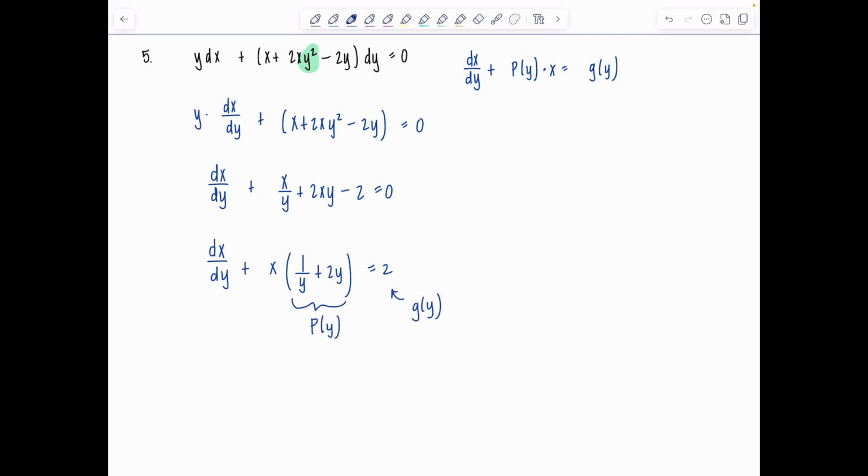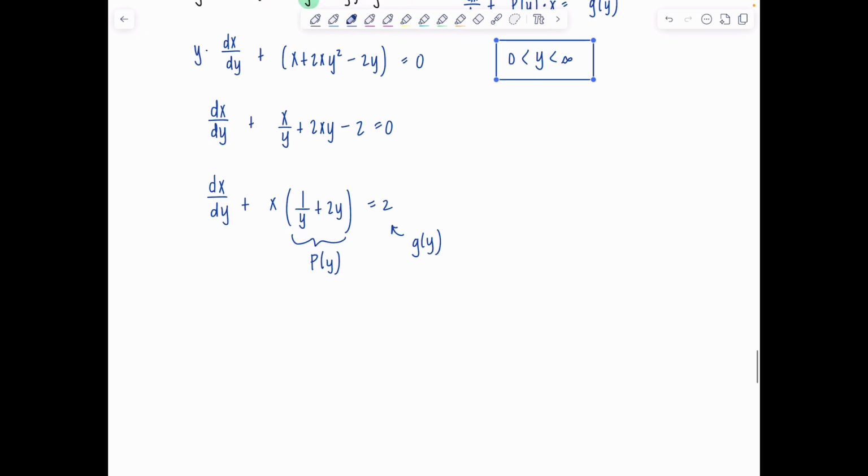Let's decide what interval we're on. P of y is restricted when y is 0, so let's say y has to be between 0 and infinity, okay? Good. Now let's find our integrating factor, mu of y, e to the integral of 1 over y plus 2y dy. This is going to be e to the ln absolute value of y plus y squared.